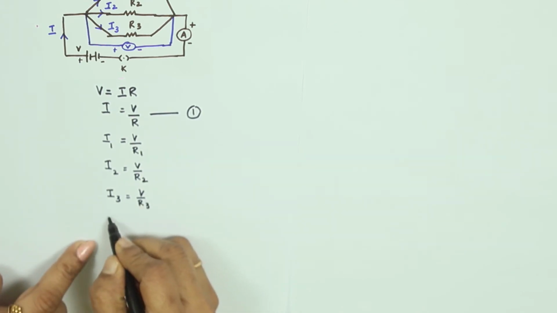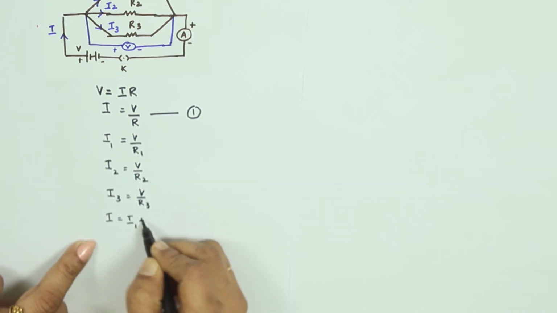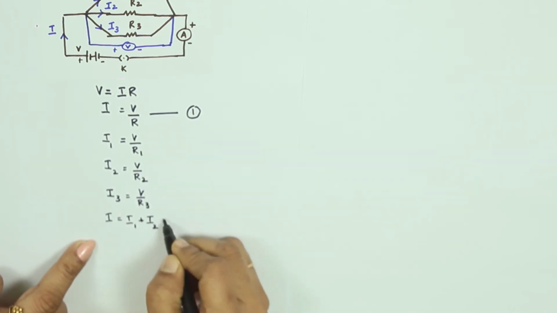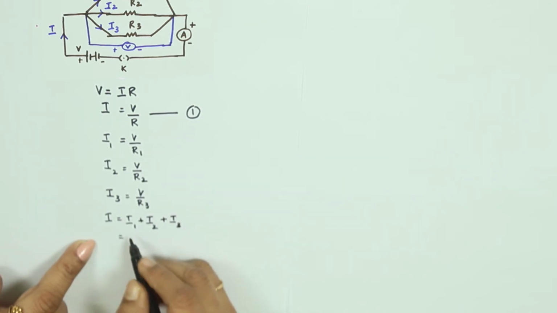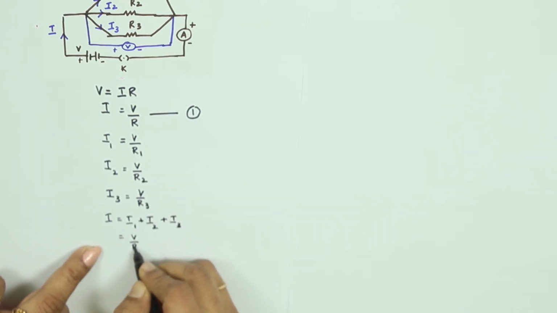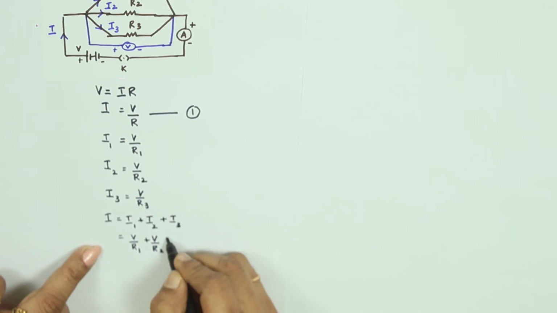Now, what will be the total current? The total current I is equal to I1 plus I2 plus I3. That is, I1 is V by R1, I2 is V by R2 and I3 is V by R3.